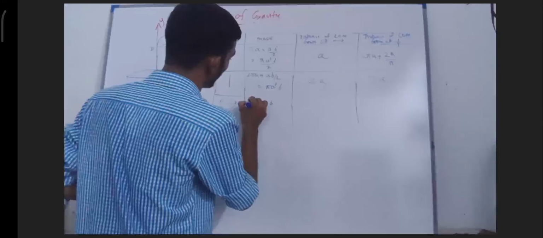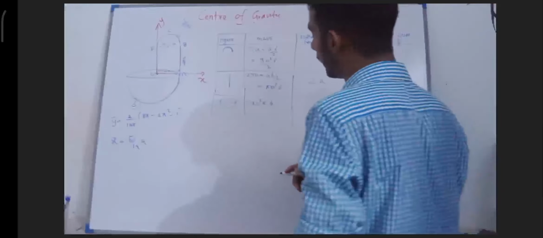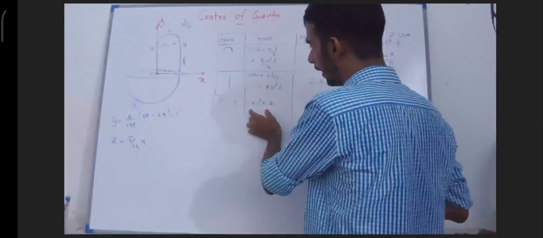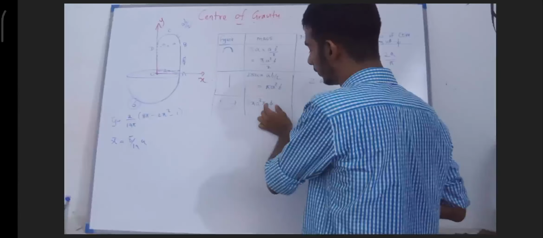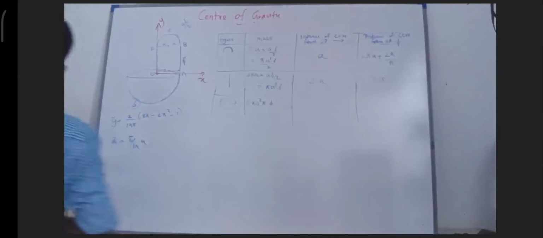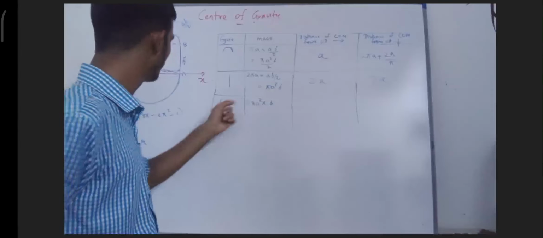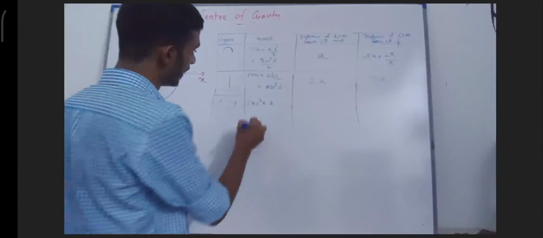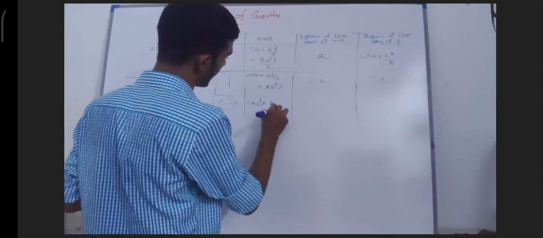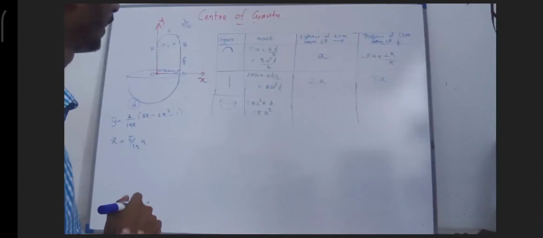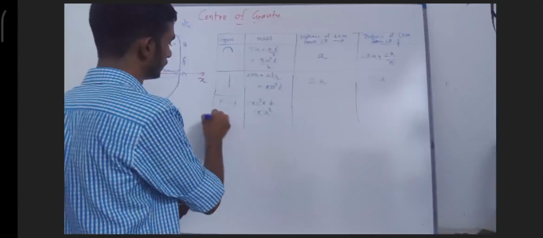If I multiply the area of the hemisphere by sigma, I will get 8 pi a square sigma.